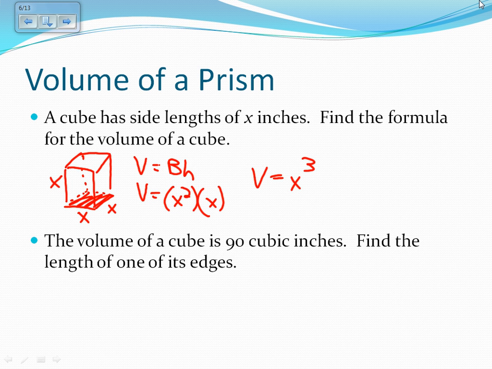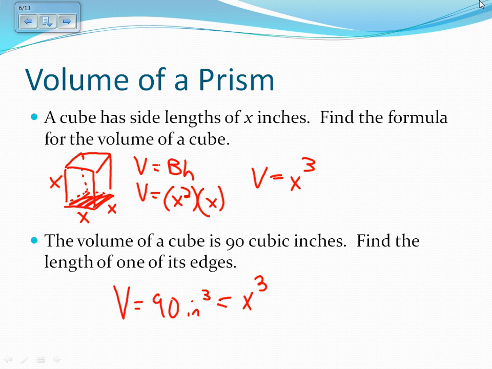All right, so the volume of a cube is 90 cubic inches. Find the length of one of its edges. So the volume is equal to 90 inches cubed. And we know that it's a cube, so it's got to be equal to x cubed.